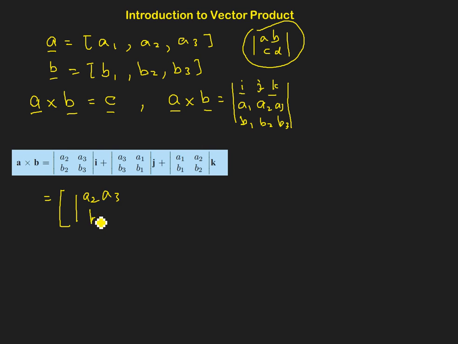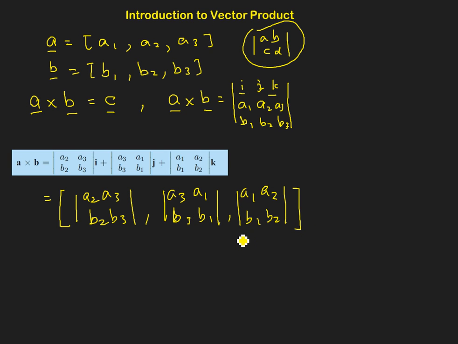If you know your A1, A2, A3, and B1, B2, B3, you can calculate like that. This comes from the determinant of a 3 by 3 matrix, where you are finding determinants of 2 by 2 matrices, which is much easier. You can use this or this, up to your preference.